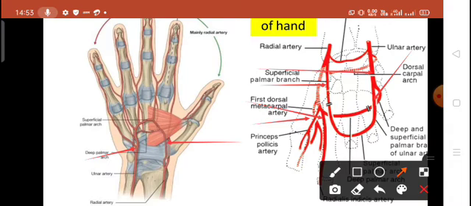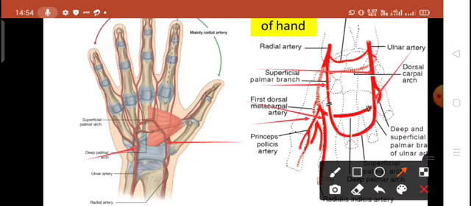This superficial palmar arch lies deep to the palmar aponeurosis. That means the anterior relations of the superficial palmar arch are skin, superficial fascia, palmar aponeurosis, and palmaris brevis muscle.